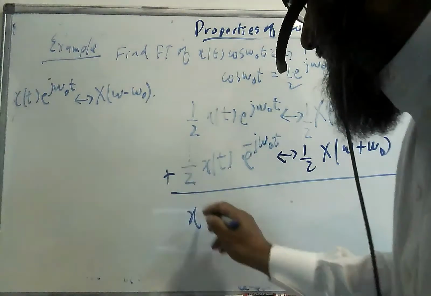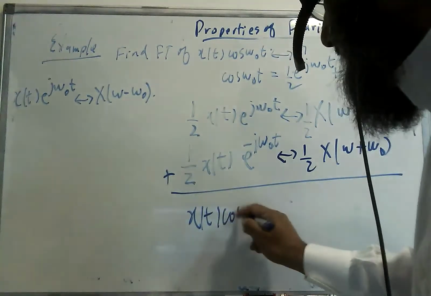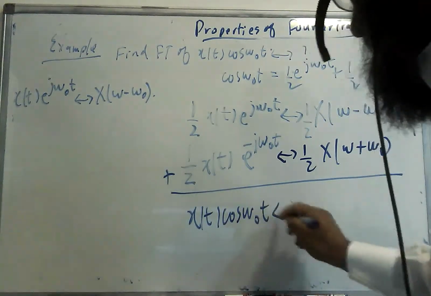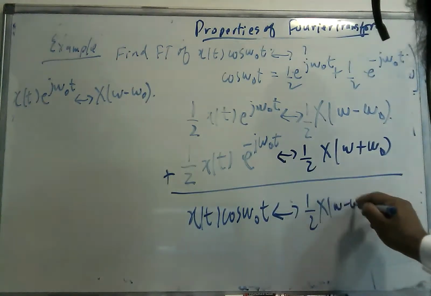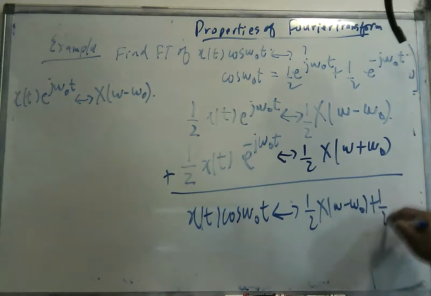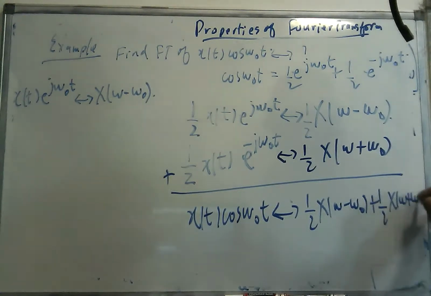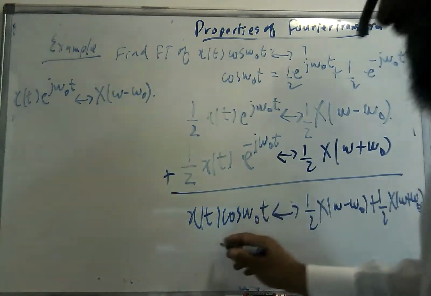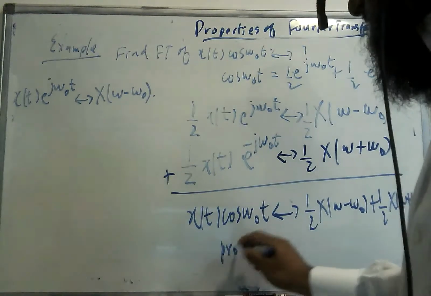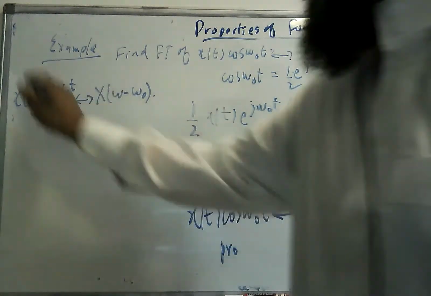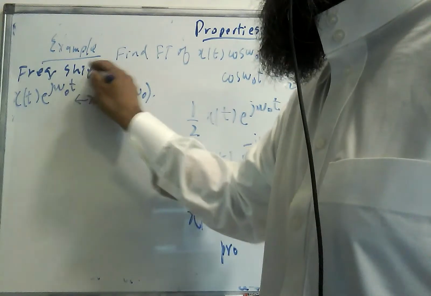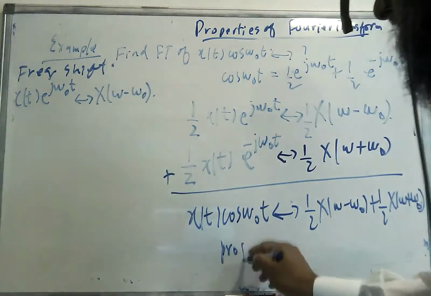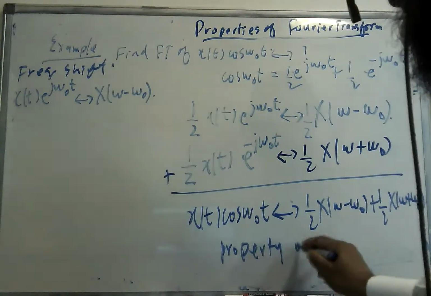So on the left hand side the answer will be x of t cosine omega naught t, and on the right hand side it will be 1 over 2 X of omega minus omega naught plus 1 over 2 X of omega plus omega naught. So this property is the property of frequency shift, and this property is the property of modulation.